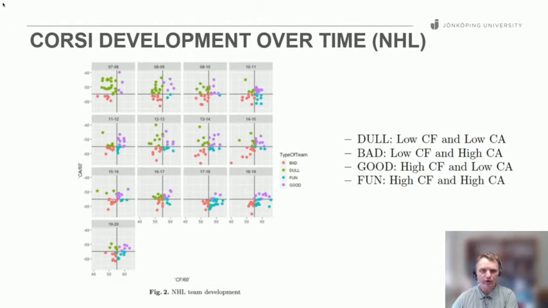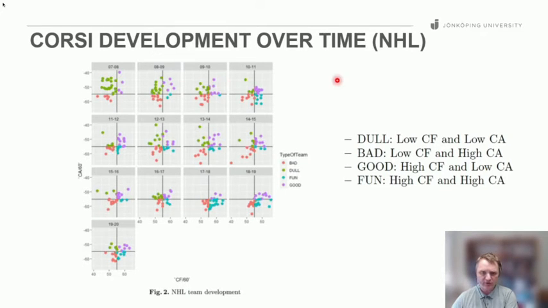To further look into this and to compare Corsi over a number of seasons, we categorize the teams into 4 groups, and we have the groups here. We call them dull, which means a low Corsi for and Corsi against, bad, good, and fun. What we can see here is that we have a clear movement from the top left part to the bottom right.